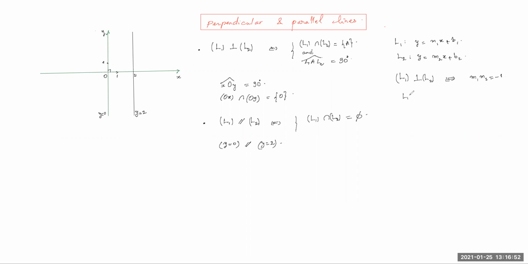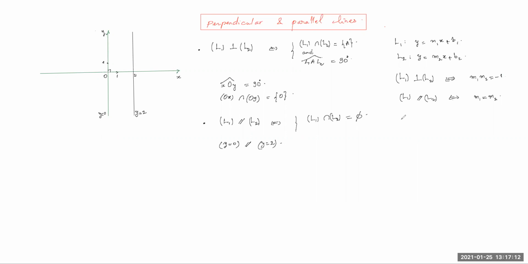And the two lines are parallel if and only if they have the same slope.